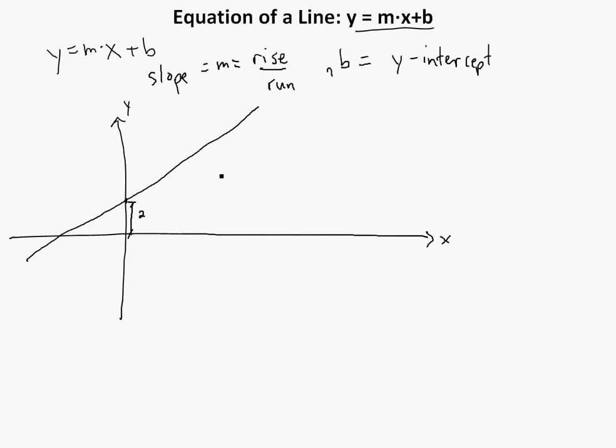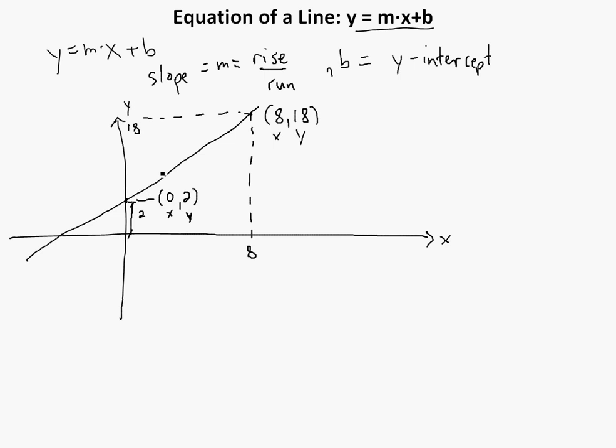Over here is 8, and this value is 18. So this point is 8 and 18, the x and the y. And this one here is 0 and 2, the x and the y of this.